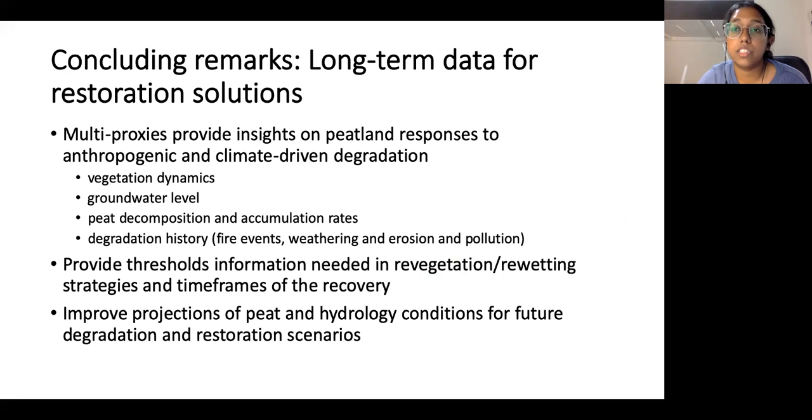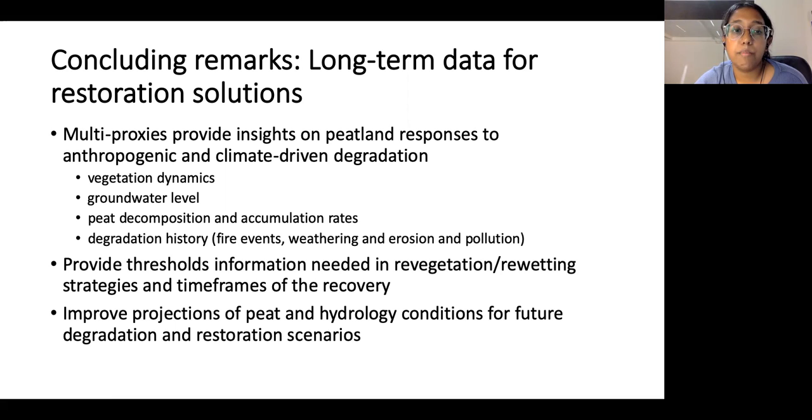Okay, so just concluding remarks, there is a lot of potential when these proxies come together to provide insights on peatland responses to anthropogenic and climate-driven degradation. So things that we know we can use these proxies for are vegetation dynamics, groundwater level, peat decomposition and accumulation rates, and also degradation history, such as fire events.